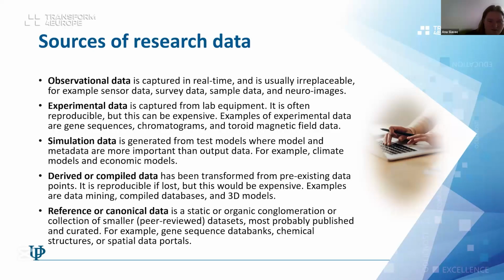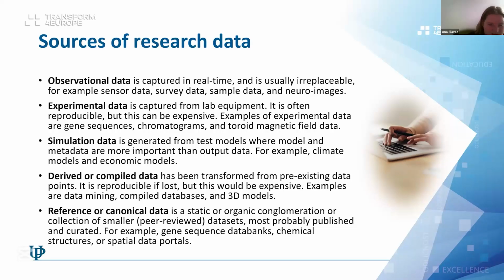Then there are examples of secondary data, derived or compiled data that has been transformed from pre-existing data points. Also, this data is reproducible, but again, it is very expensive.